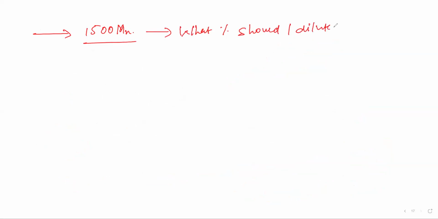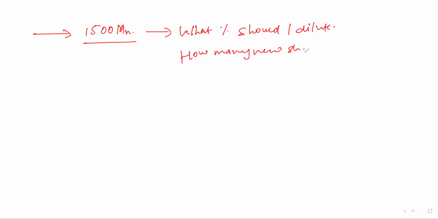Now, the question is, how does the company decide that, let's suppose if I need 1500 million of funds, what percentage should I dilute? Or what percentage of the company, how many new shares should be issued? No, that is not based on the book value of equity. It is actually based on the market value of equity.